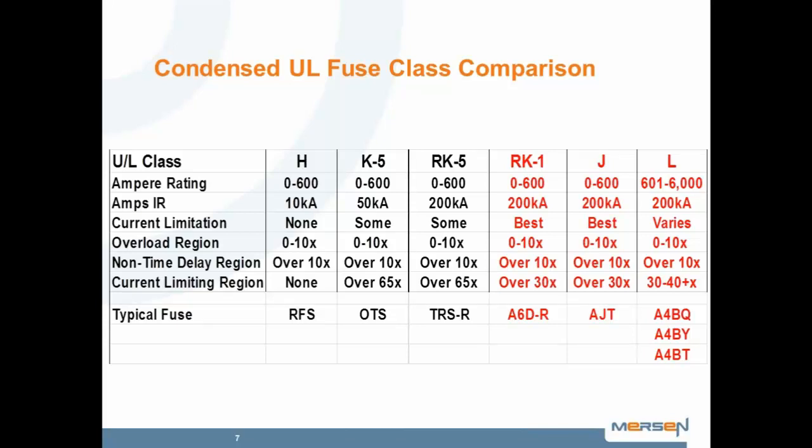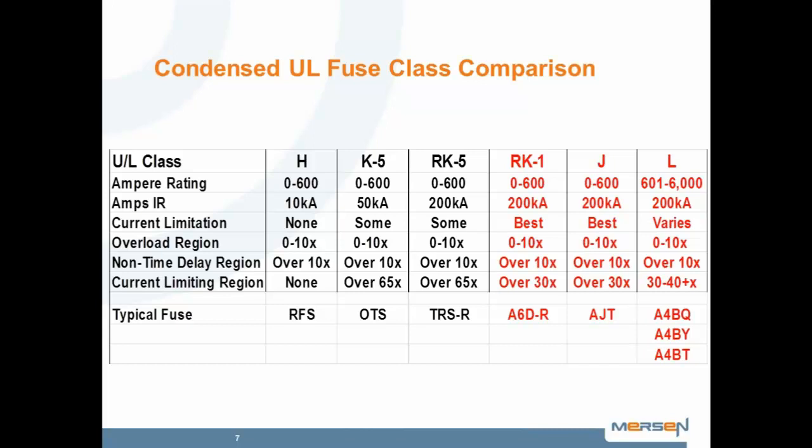The H on the left is an old style that's been around for quite some time, and the UL requirements to get a fuse listed in the class H are not very hard.